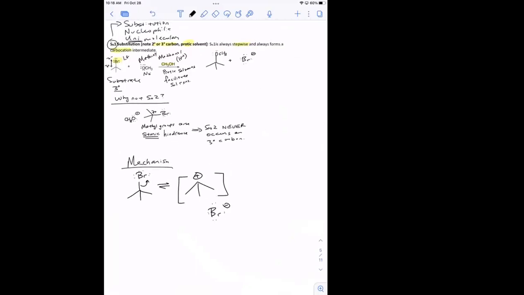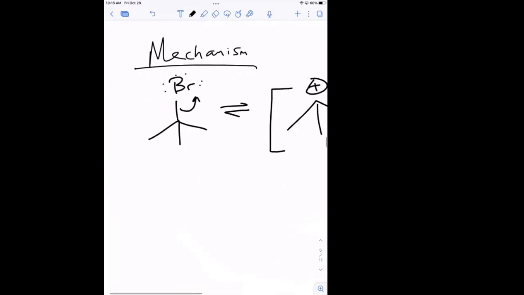You lose your leaving group. This is the rate determining step. Also, the leaving group is rate determinant, nothing else.